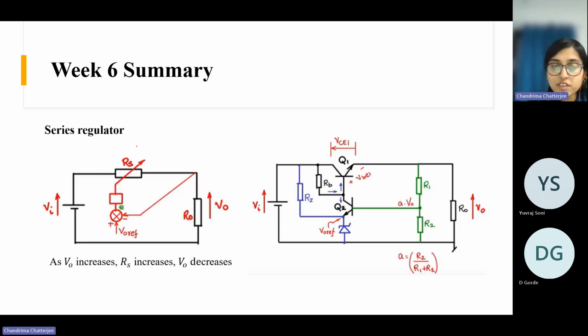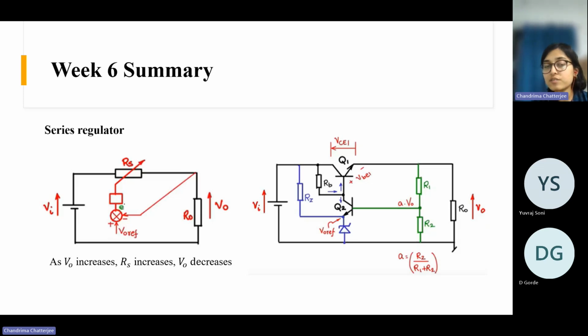What the circuit will essentially do is, suppose you want a certain amount of voltage at the output, but due to some disturbance in the input side or some other cause, the output voltage starts rising. It rises from the required value. It increases. So as we are giving feedback here, VO reference is constant. This is a constant value, but this value has increased.